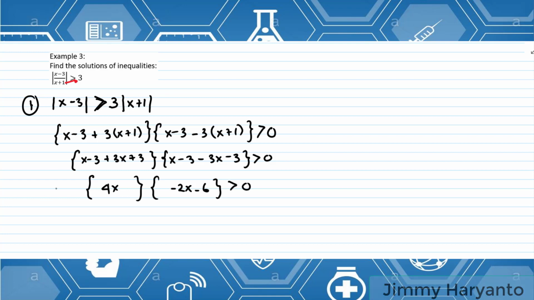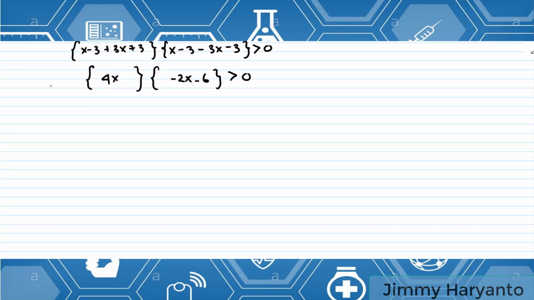Okay, this is the first step. And then the second step, find the value of x by making the factor equal to 0. So for x equals 0, and negative 2x minus 6 equals 0, negative 2x equals 6, x equals negative 3.